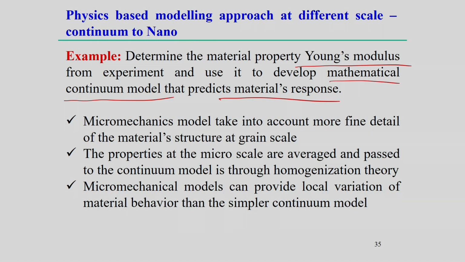And there is another difficulty also, because when you look at the lower scale, for example, in the single crystal structure, the atomic arrangement may be different in different directions. So, that E value can be different in each direction.